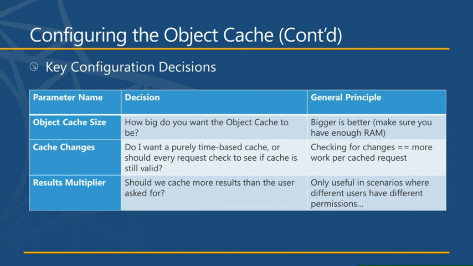And then we also need to think about, do we want to cache more results than the user asked for? Now, this is a little niche. It's really only useful in scenarios where we have different permissions, different security for different items. And that generally is not a good thing to be doing in a WCM site, not just from a performance point of view, but from a management point of view and so on. But it's also something we might want to think about if we're doing paging.